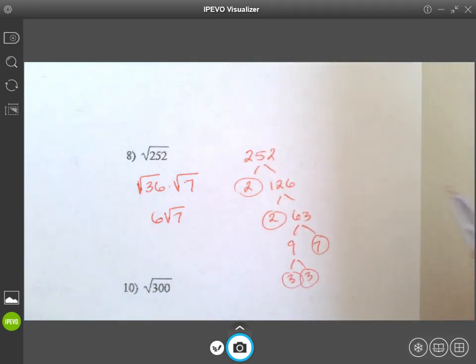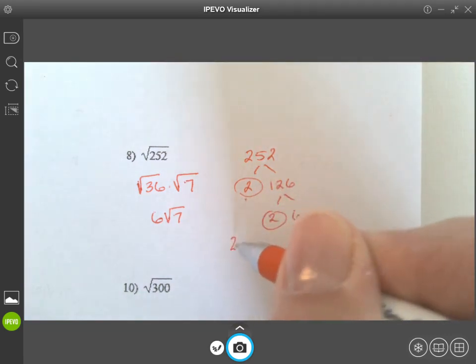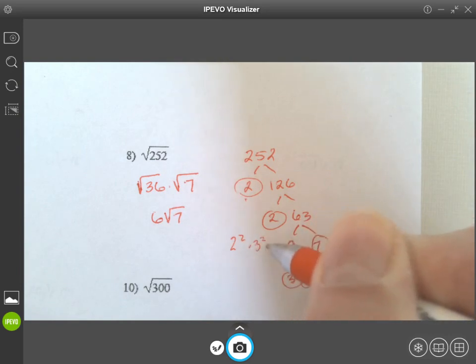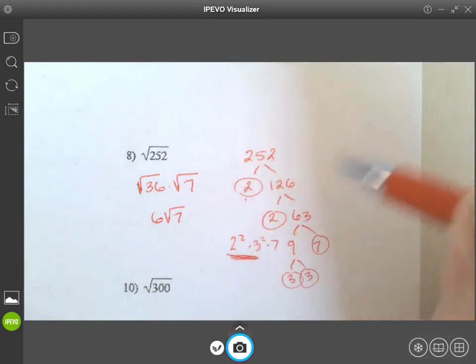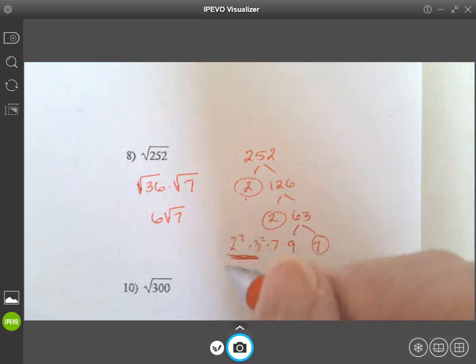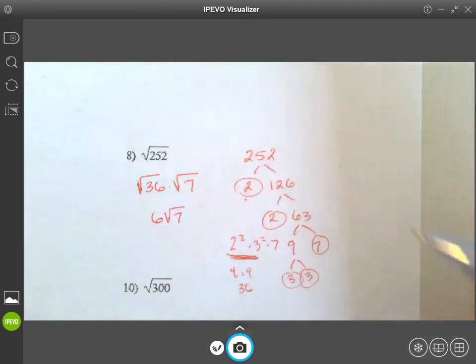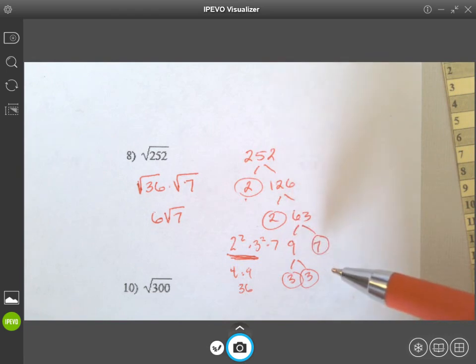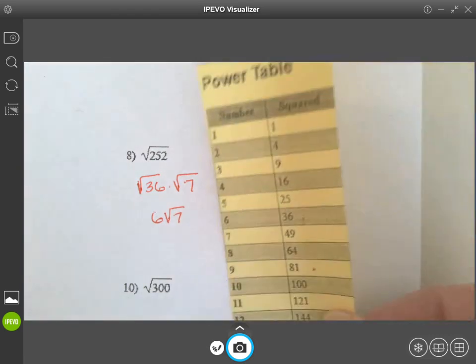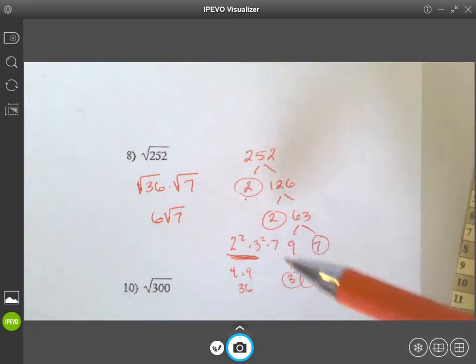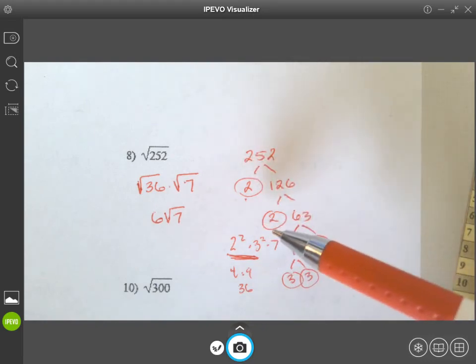So what you would do is say, I have a 2 squared times a 3 squared times 7. And anything squared would be part of it. 2 squared is 4, 3 squared is 9, 4 times 9, there's your 36. So this is another way to do it. I think you guys might like the list method better than doing a prime factorization.